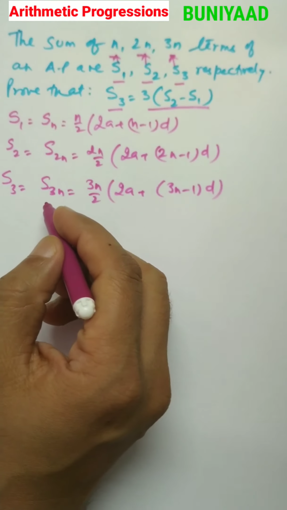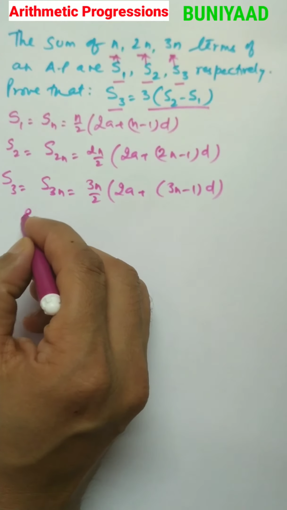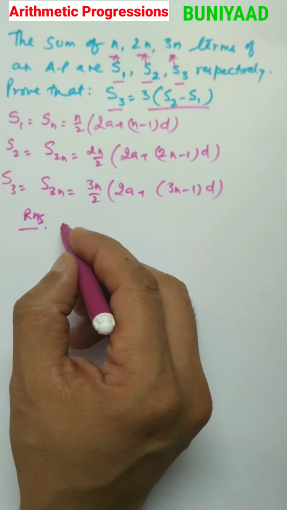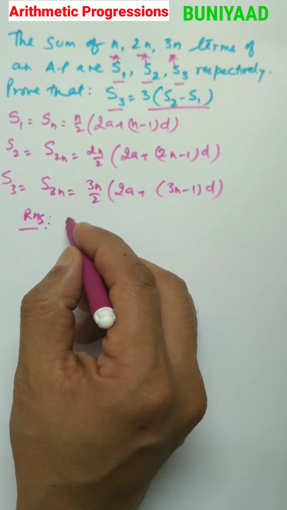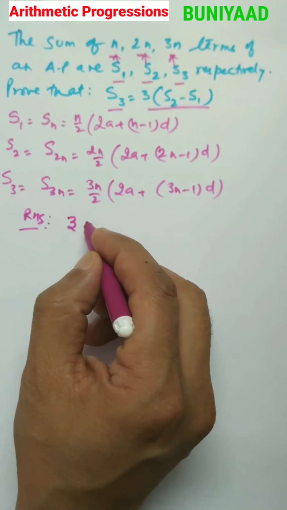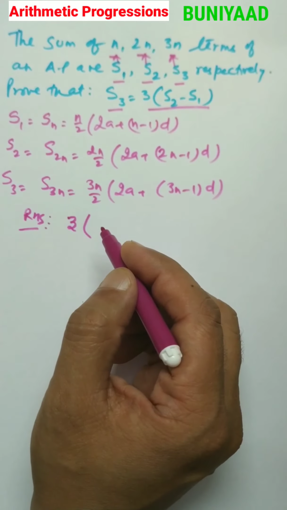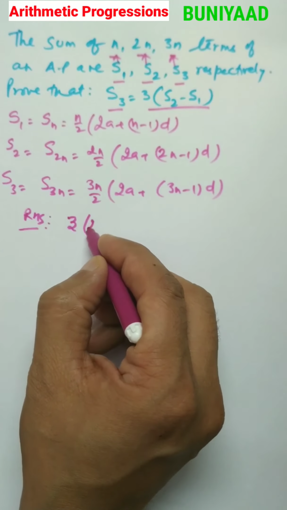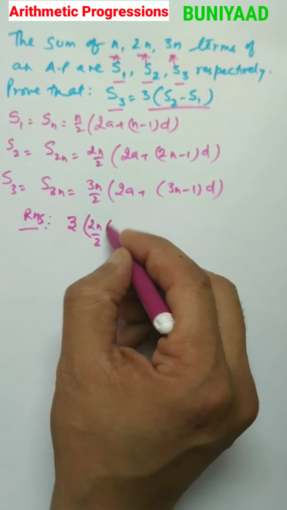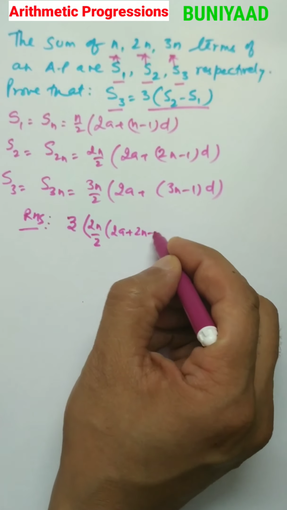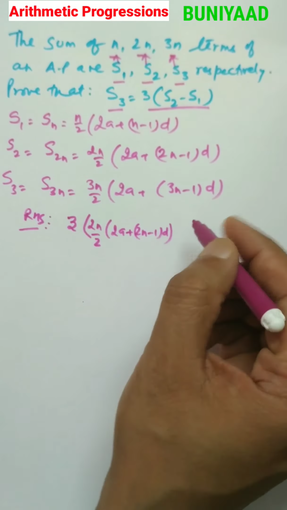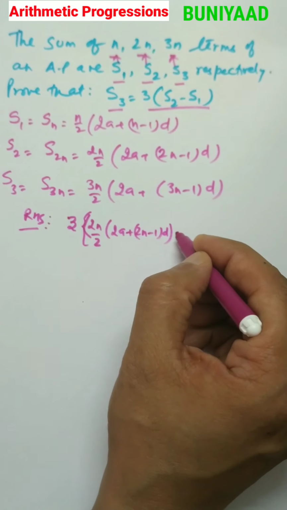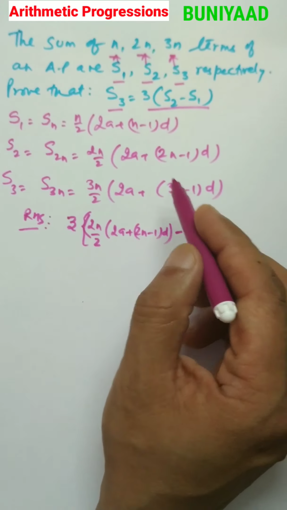So we will take RHS. It's 3 into S2. This is S2: 2n by 2, 2a plus (2n minus 1) into d, 3 clear bracket, minus S1.